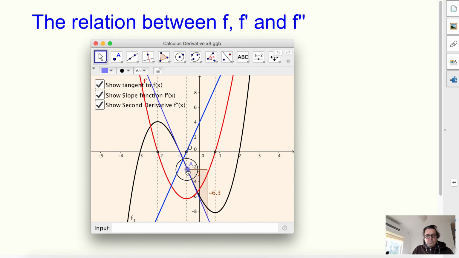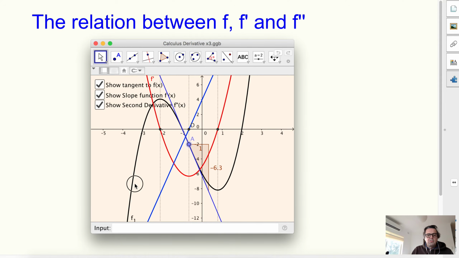The first derivative is quadratic, therefore the second derivative is a linear function, and it is 0 when the derivative has a minimum. And that coincides with the highest negative slope on the original function. And that is exactly what we call the point of inflection right there.